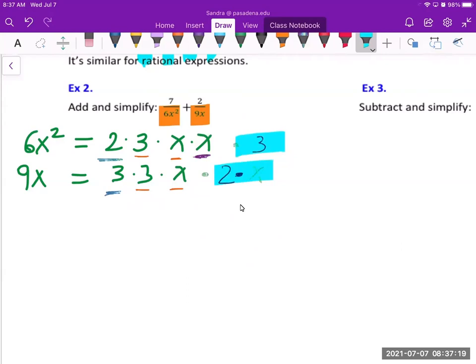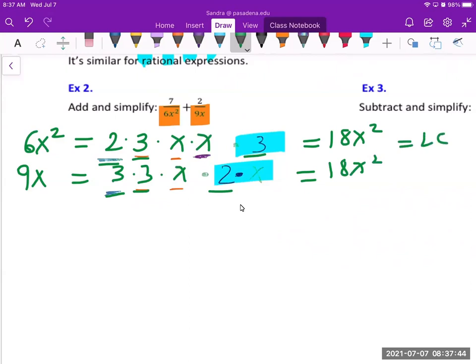Now, when you do this, you can see that you're making them exactly the same. If you were to multiply them out, 2 times 3 gives me a 6. 6 times 3 gives me an 18x squared. If you multiply this other one, 3 times 3 is 9. 9 times 2 gives me an 18, 18x squared. So then you can see that this will be equal to your LCD.